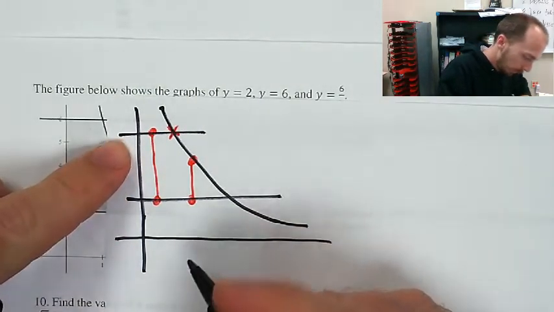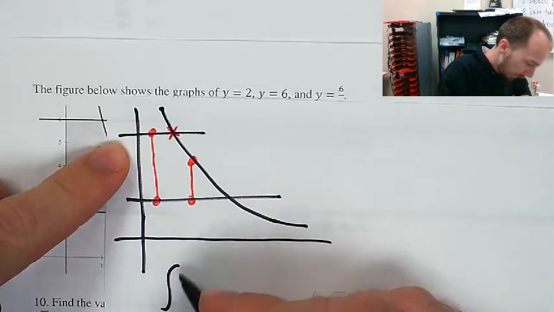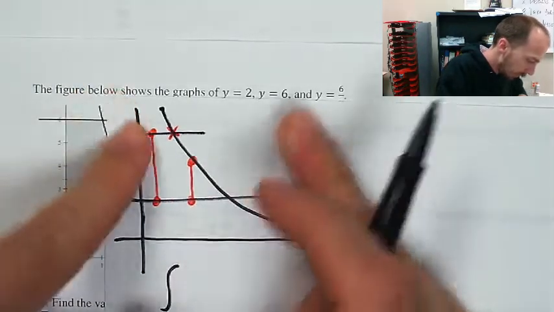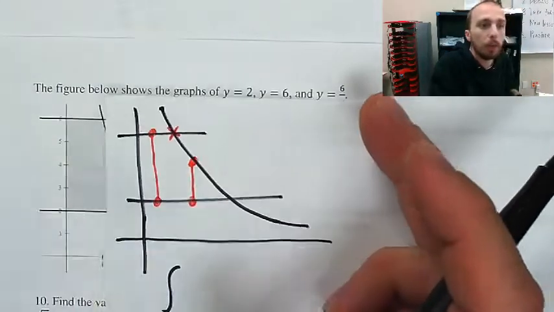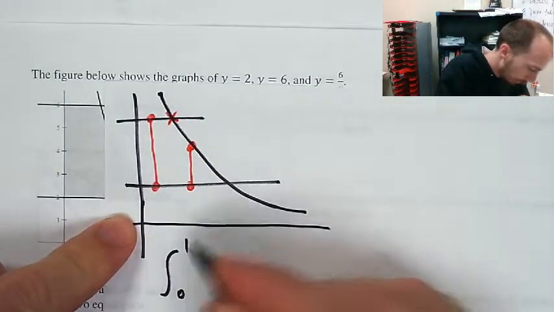So what I'm going to do is start off by saying I'm going to integrate from 0 until they intersect, which is looking like it's happening at x equals 1. So I'm going to go from 0 to 1.